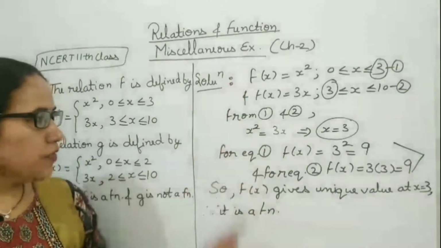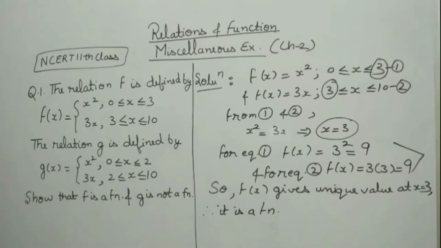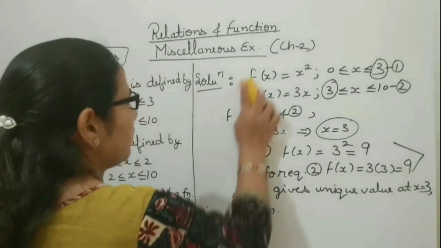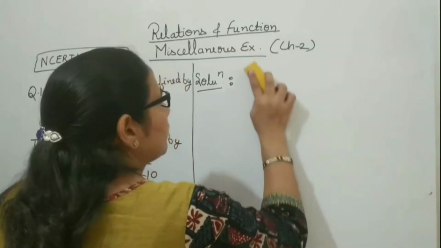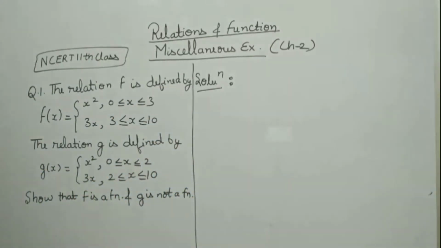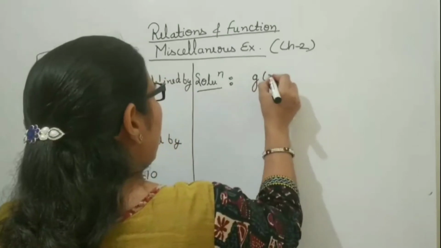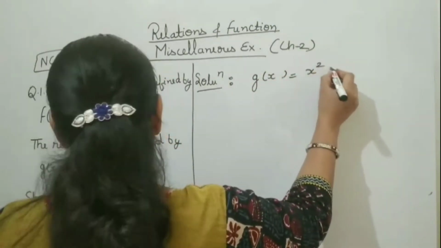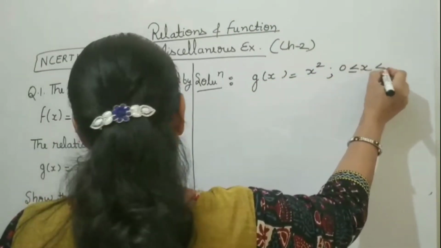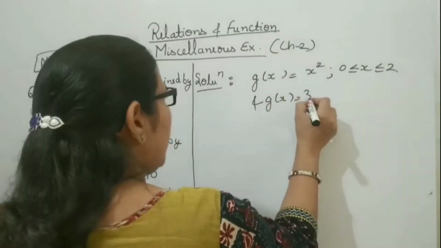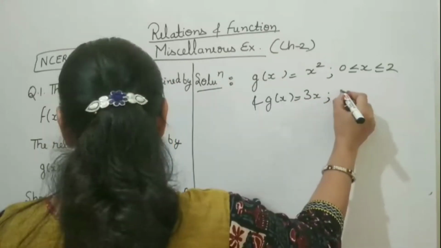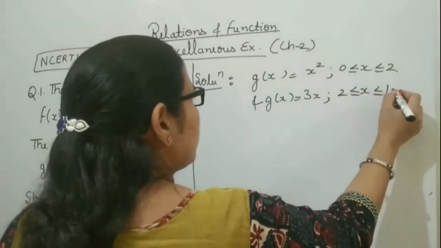So first clear this one, then we start with your gx. Now the relation gx is defined as x square for the value 0 is less than equals to x less than equals to 2 and gx equals to 3x for the values 2 is less than x less than equals to 10.